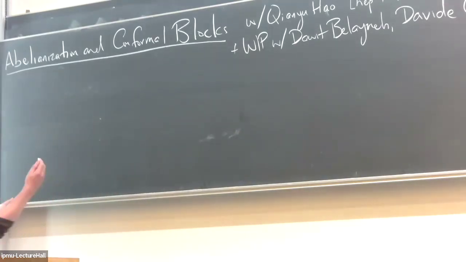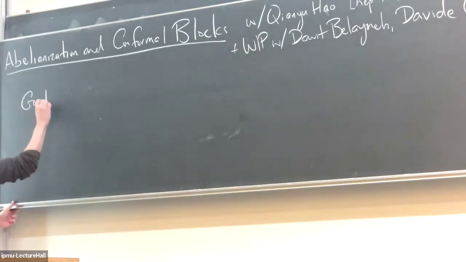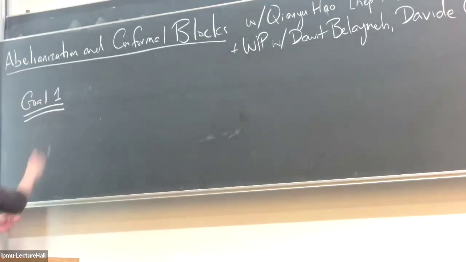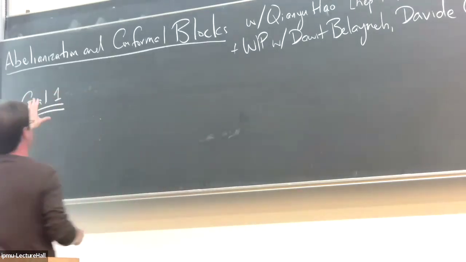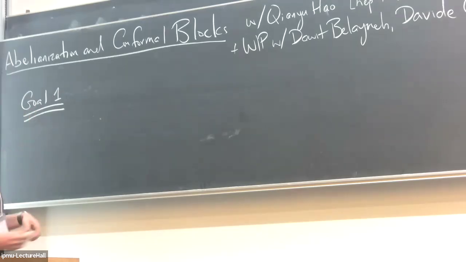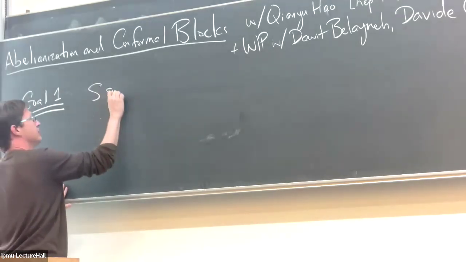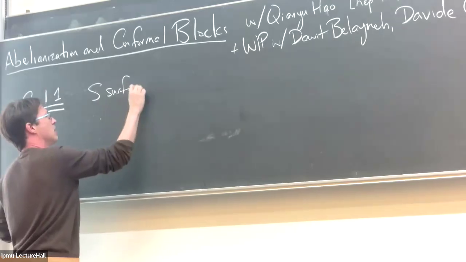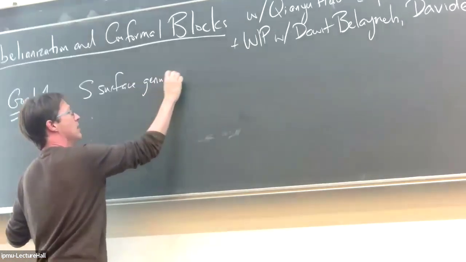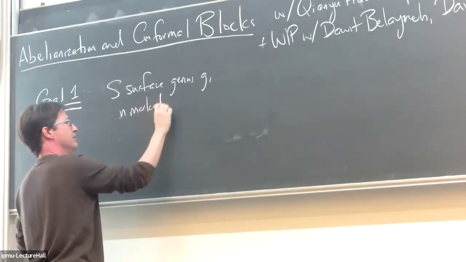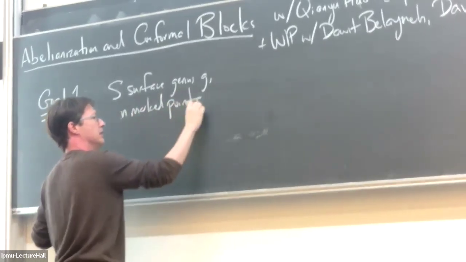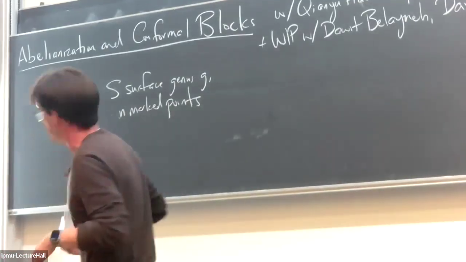So let me tell you some of the goals of the work. The first goal has to do with the Teichmüller space. Suppose S is a compact surface of genus g with n marked points. Sometimes you say punctures; I'll use those words synonymously.